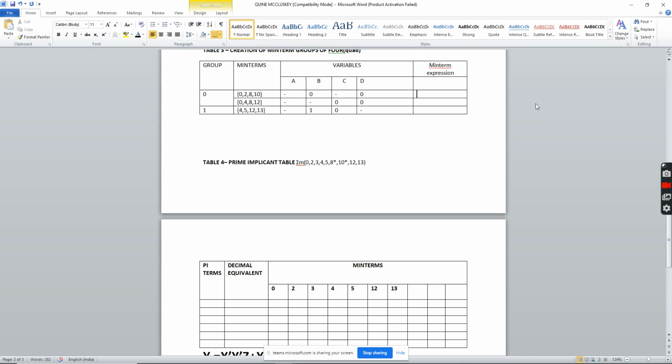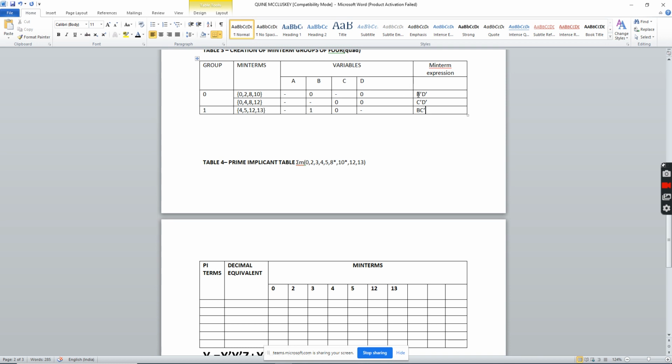So this one will be B bar D bar, and the next one will be C bar D bar. The last ones will be C D bar, B D bar, B C bar.